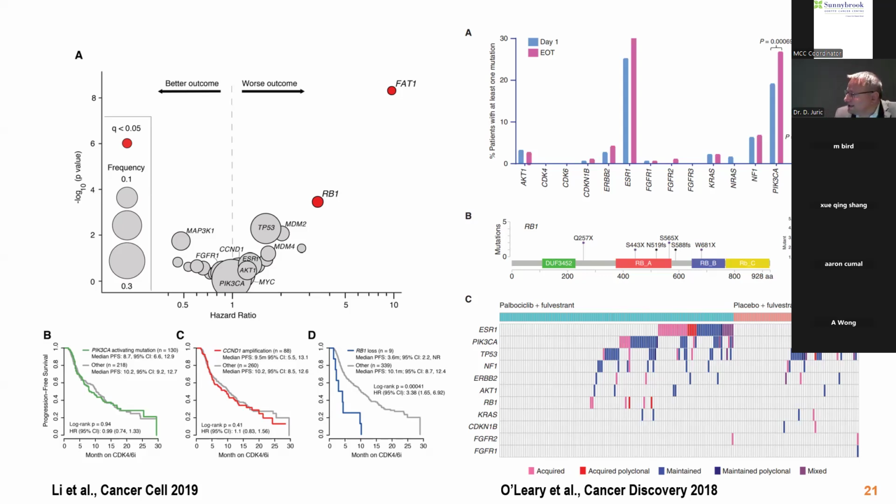And this summarizes some of the key observations that we have in the post-CDK4/6 context. The most important driver of resistance to CDK4/6 inhibitors, clearly and unequivocally, is a biallelic loss of RB. Remember, that's what CDK4/6 and cyclin D control.